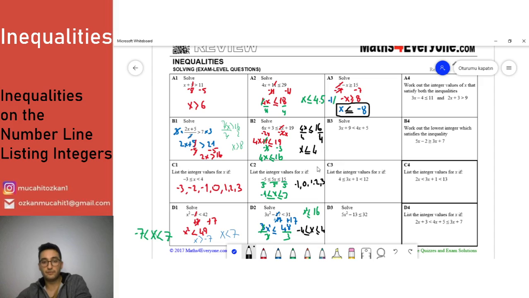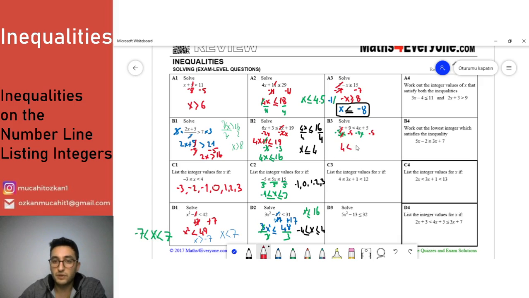Question B3. I need to have x on one side, numbers on the other side. That's why let's subtract 3x from both sides. And also, let's subtract 5 from both sides. Now I'm going to do these two steps at the same time. 3x and 3x, they cancel each other out. 9 minus 5 is 4.